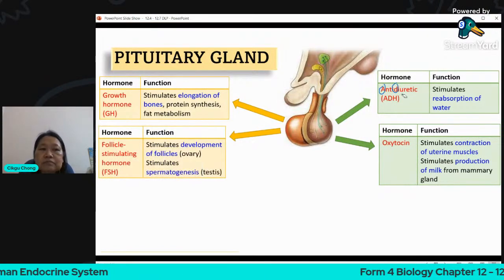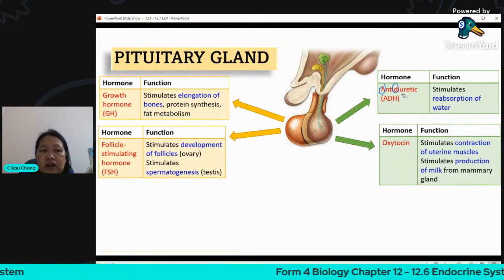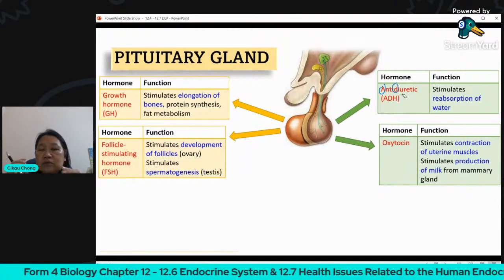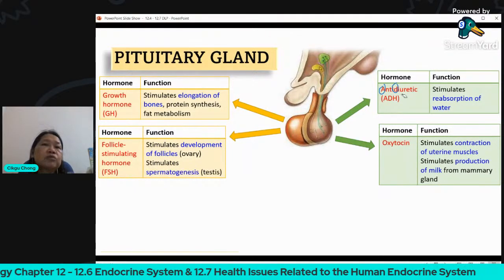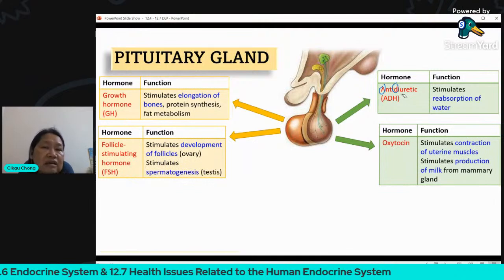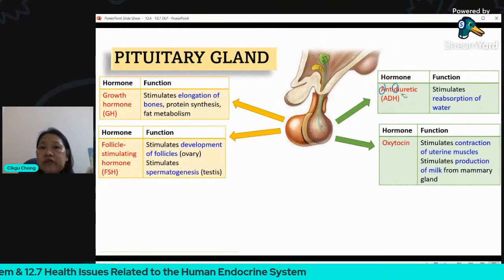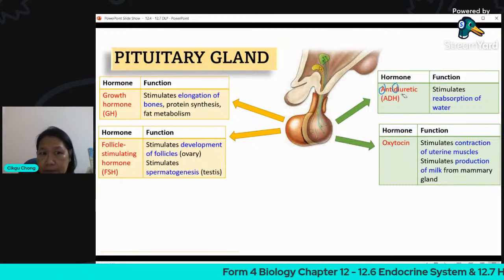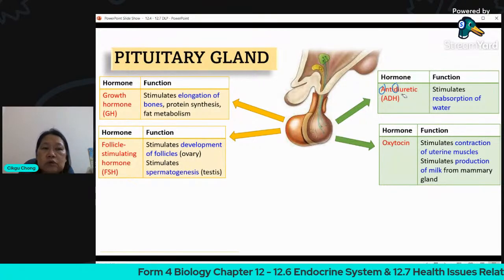Okay, next. FSH, follicle stimulating hormone. This is the hormone which will be released from the pituitary gland. It will enter the bloodstream, and the target cells are the cells in the ovary. So when the cells in the ovary, we call these follicle cells, receive FSH, the follicles will develop.